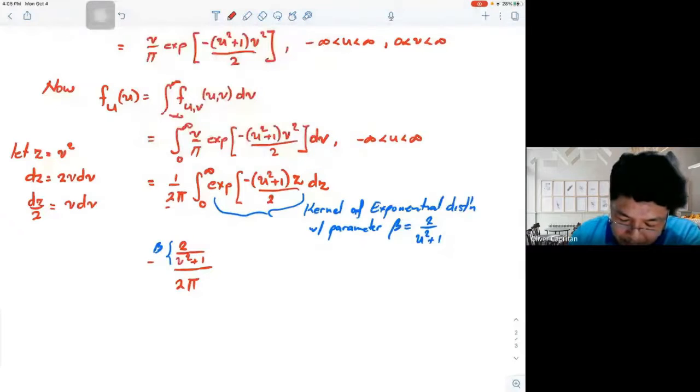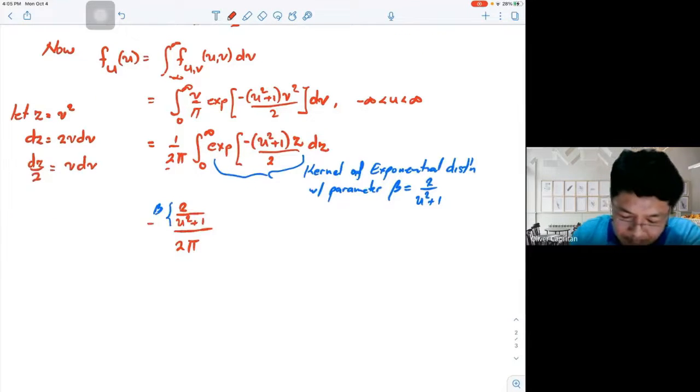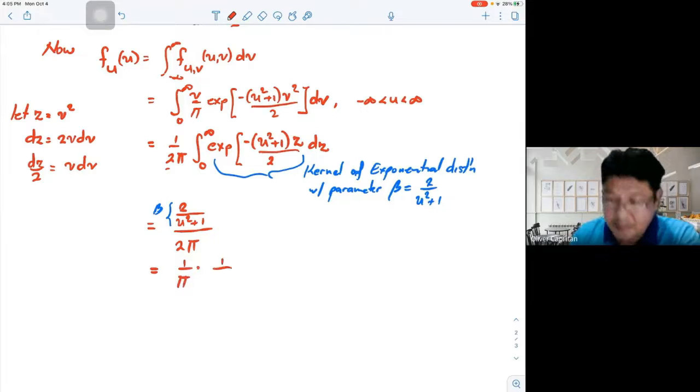So yan yung answer natin, or we simply have 1 over pi times 1 over 1 plus u square.